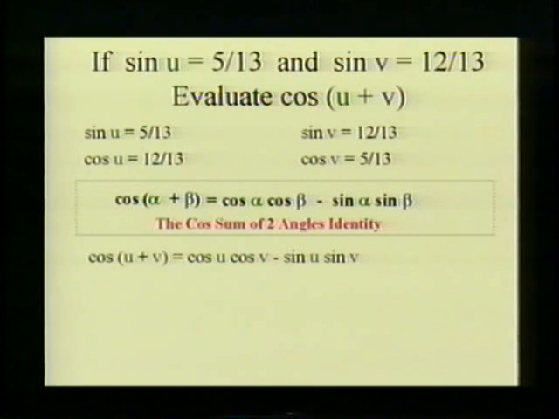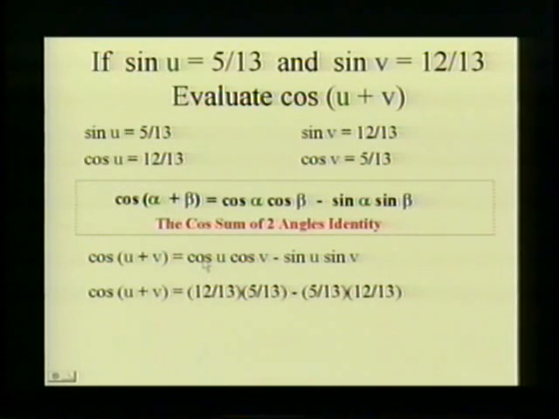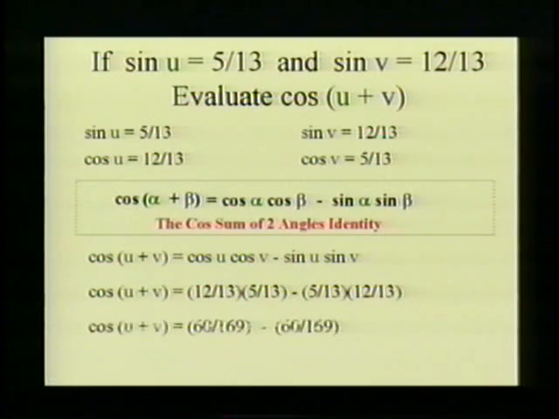It's going to be 12/13 for the cosine of u, 5/13 for the cosine of v, and substituting in, I multiply out, I get 60/169 minus 60/169, and all this, guess what, gives me 0.